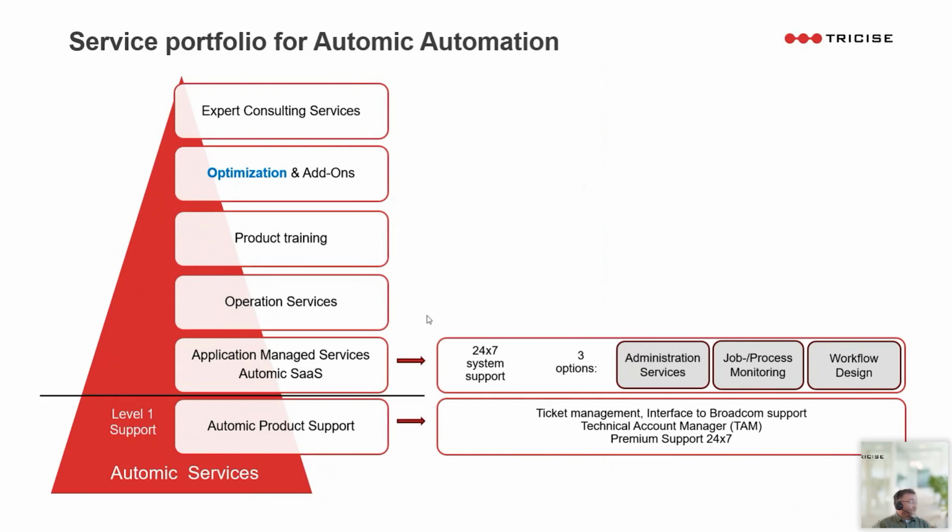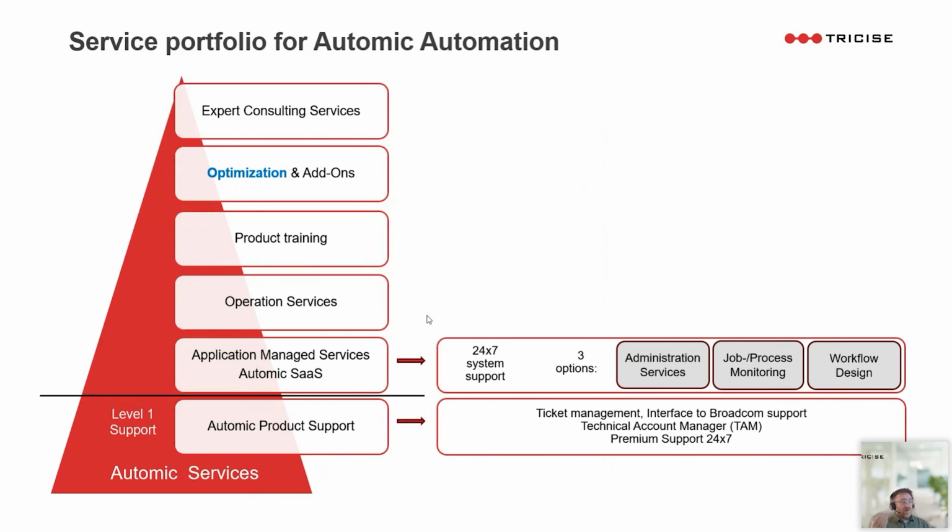What we also do is we deal with application managed services, AMS, and we also offer SaaS services. So it's the automation engine in a cloud, software as a service. For these platforms, we have 24/7 system support. And in addition, we offer 3 additional options.